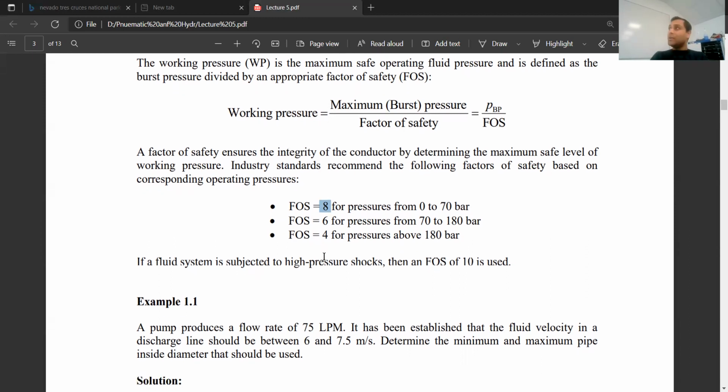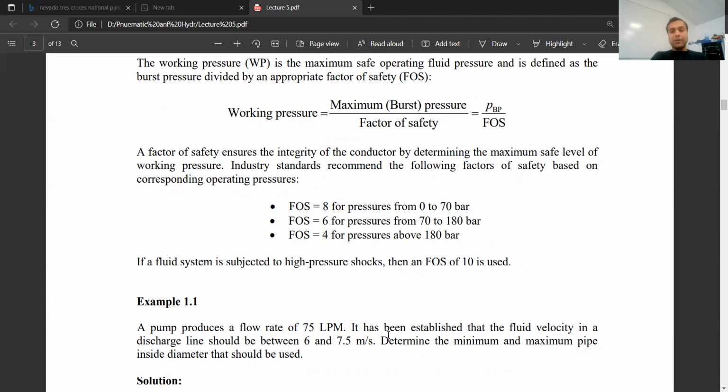Okay. Now let's have a look at a numerical question. Let's say we have a pump. It produces a flow rate of 75 liters per minute. We assume, because it's not given, that it is water, so we know the density and the volume.